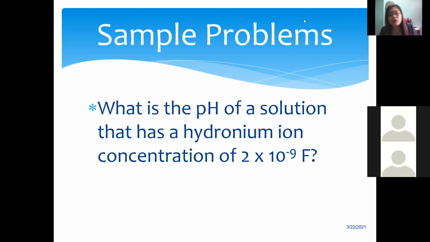It's another unit of concentration, though we don't really use it that much kasi yung ginagamit natin most of the time is yung normality, molarity, percentage, ppm, and ppb. But do not forget that F, formality, is also a unit of concentration.